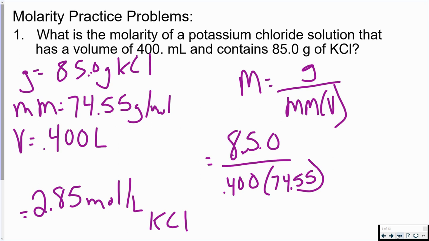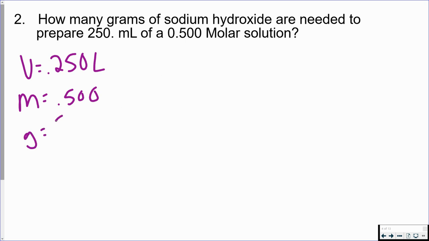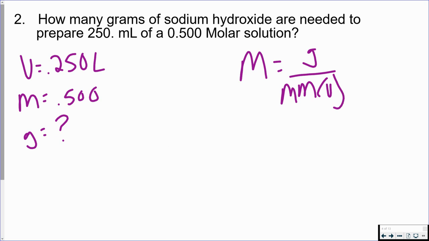Great, I'm going to have you guys try the next one. And the answer will be shown to you guys in 3, 2, and 1. So we have a volume of 0.250 liters. You have a molarity of 0.500, and you're asked to solve for grams. So in my mind, I'm going to use the same equation as the first one, and I'm going to solve for g.